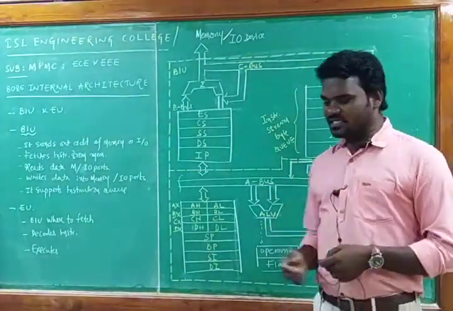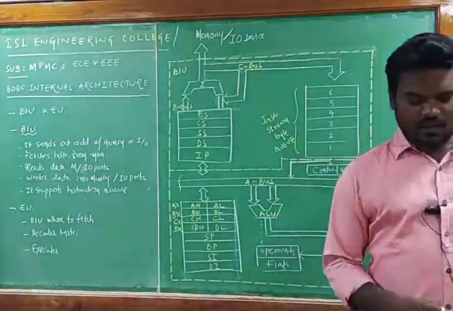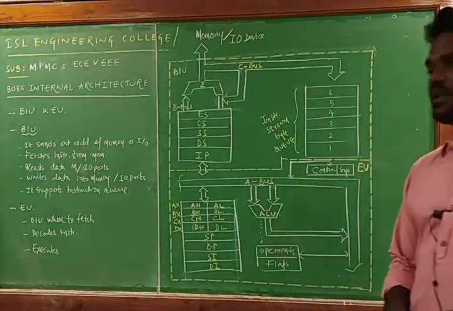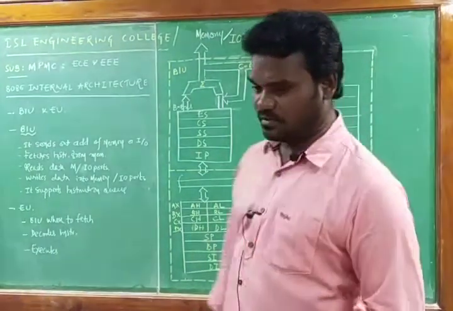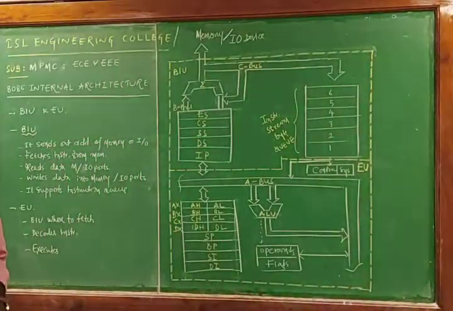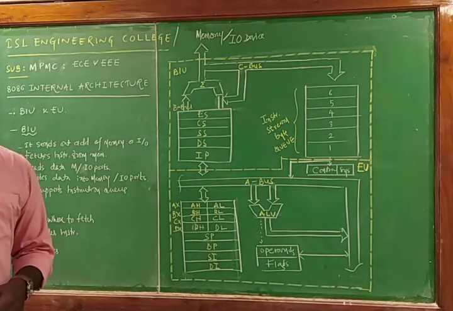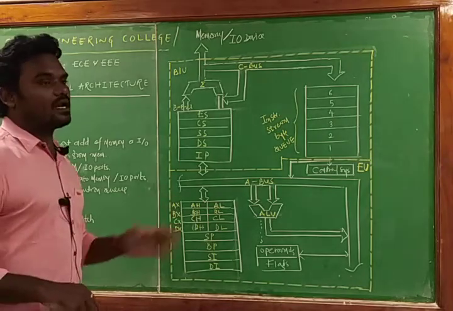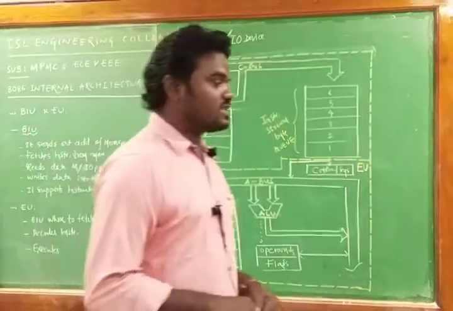In the bus interfacing unit and execution unit, we have a total of 14 16-bit registers and buses, because in the features of the 8086 microprocessor we discussed that this is a 16-bit processor and it has a 20-bit address bus.